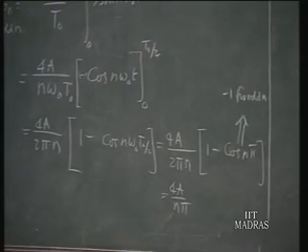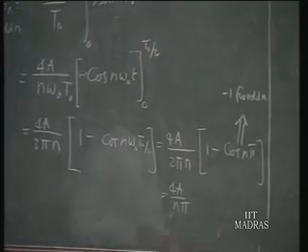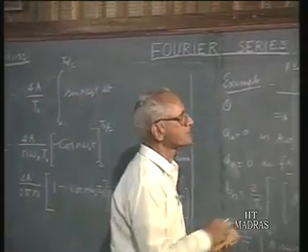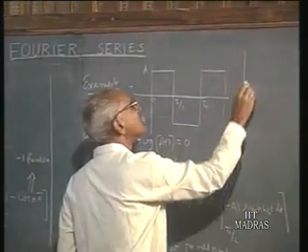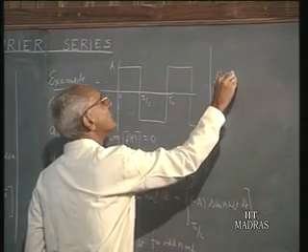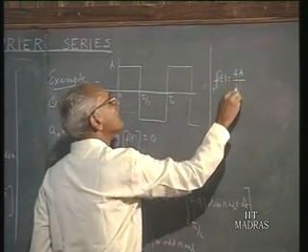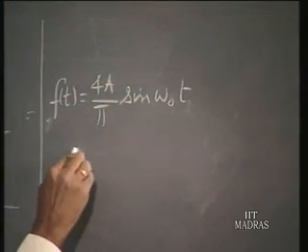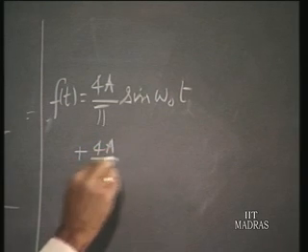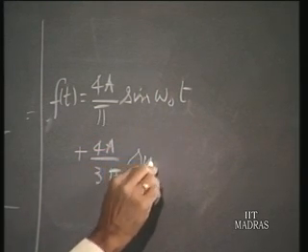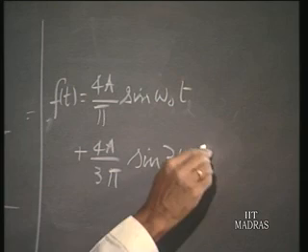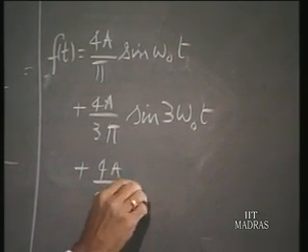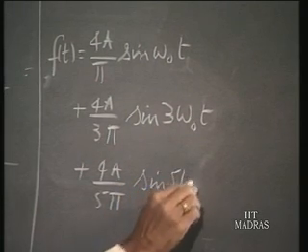So, only Bn terms are present. Finally, we conclude that the Fourier series expansion for this would be f of t equals 4a by pi sin omega naught t plus 4a by 3 pi sin 3 omega naught t plus 4a by 5 pi sin 5 omega naught t, and so on.